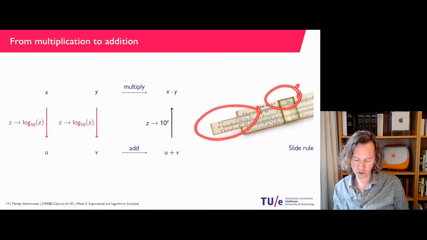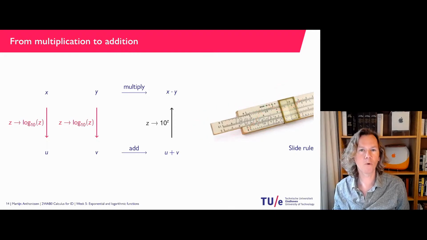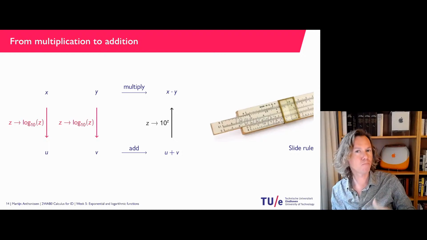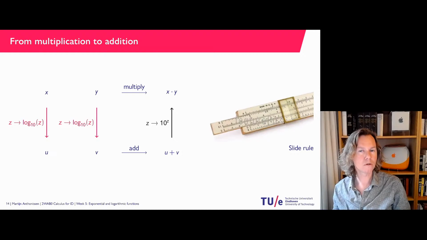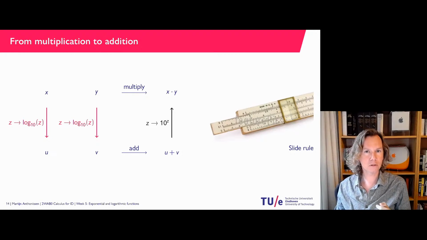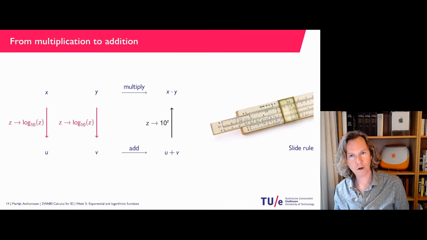Then you can shift this one and you can read off what the logarithm or the exponential is. So slide rules are a pre-calculator tool to compute logarithms and exponentials. So that's why logarithms have been invented and why they are so useful.